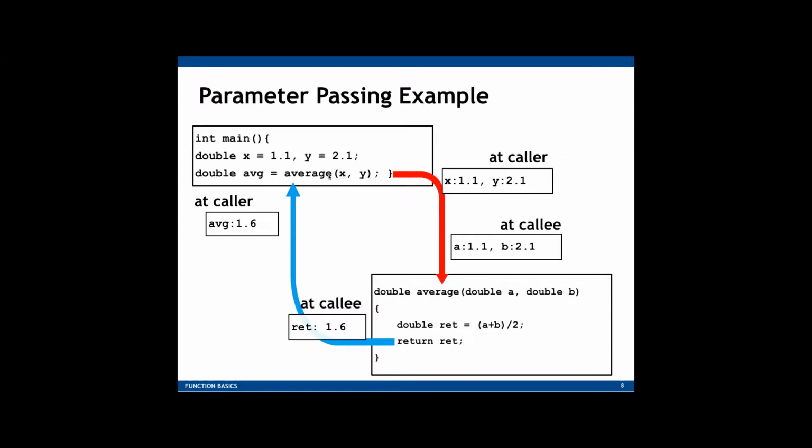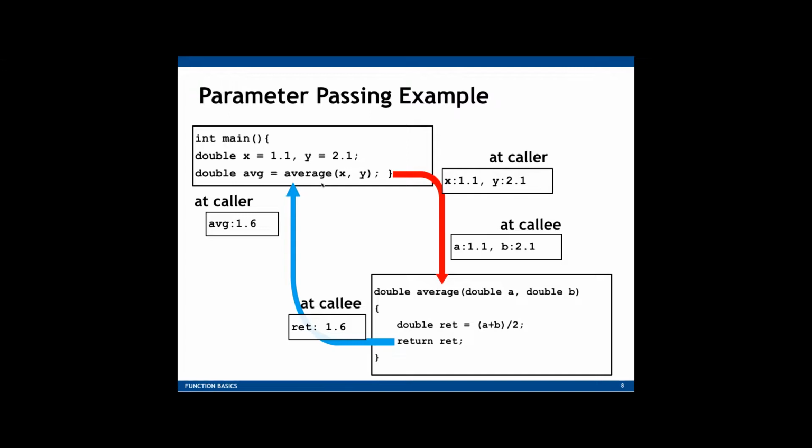The caller is the function that calls another function, whereas the callee is the function that was called. Here, because this statement is inside of main, the caller is main and the callee is the average function. Caller and callee can share values through passing parameters and return values.